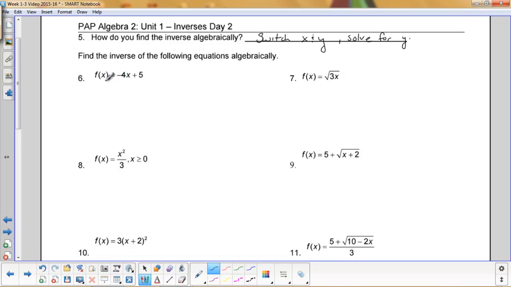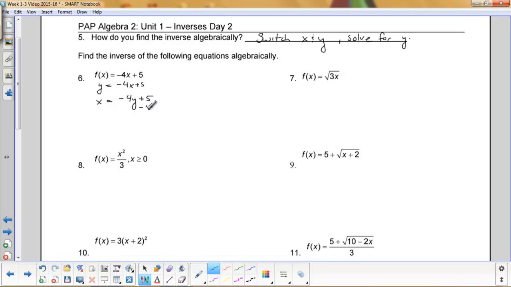So the first one, not so difficult. We switch to y. Then we switch the position of x and y.